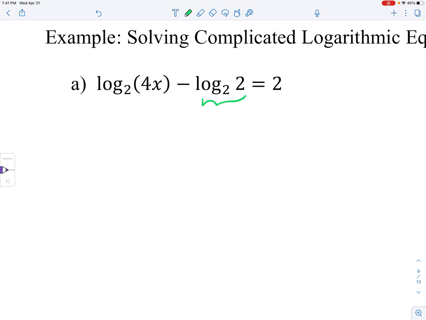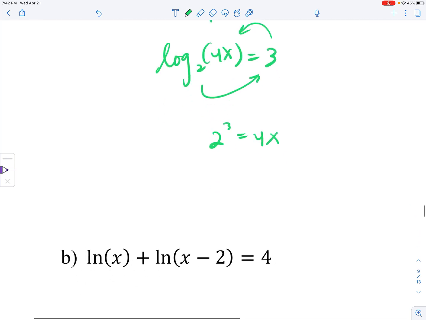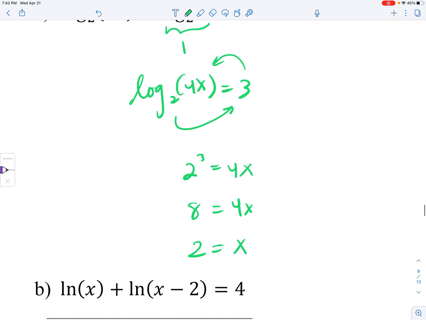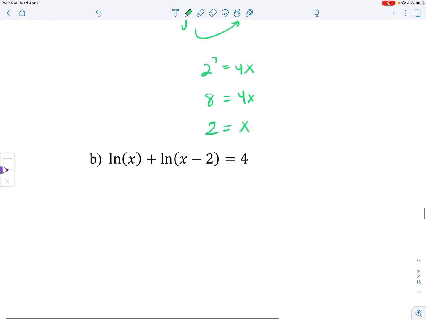Log base 2 of 2 is just going to be 1, right? So if that turns into 1, we can think about adding 1 to each side of the equation, and then rewriting in exponential form, 2 cubed equals 4x. So that gives us 8 equals 4x, so x equals 2. And we check that 2 actually makes sense, and it does.